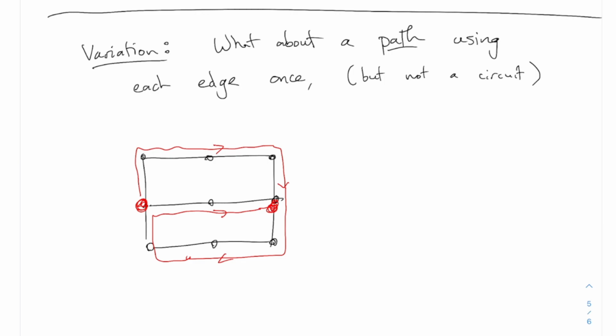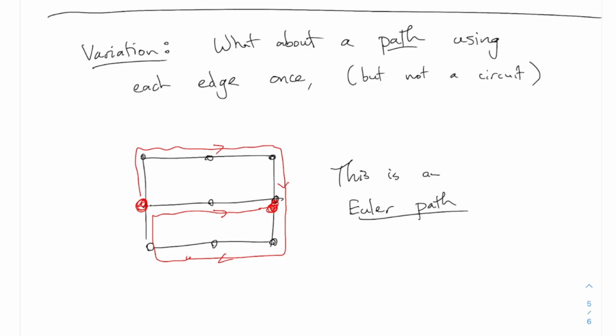That one uses every edge, but it's not a circuit. There's a name for that. This is called an Euler path. It goes around the whole thing. It covers every edge once, but it doesn't start where it finishes. It's not an Euler circuit.